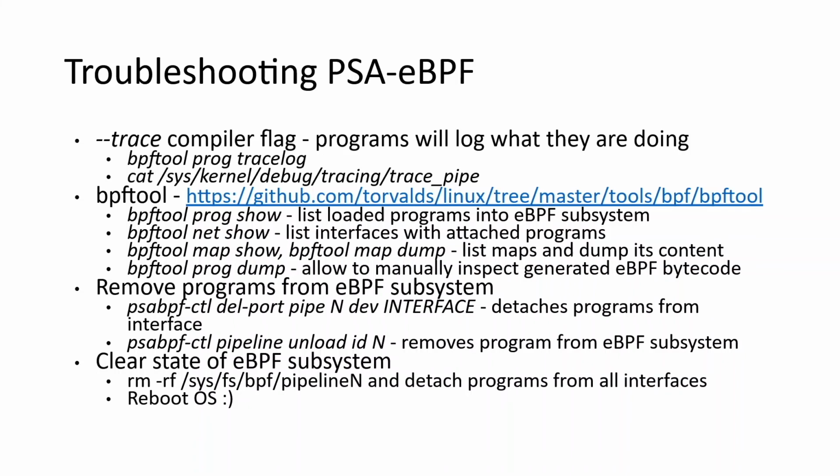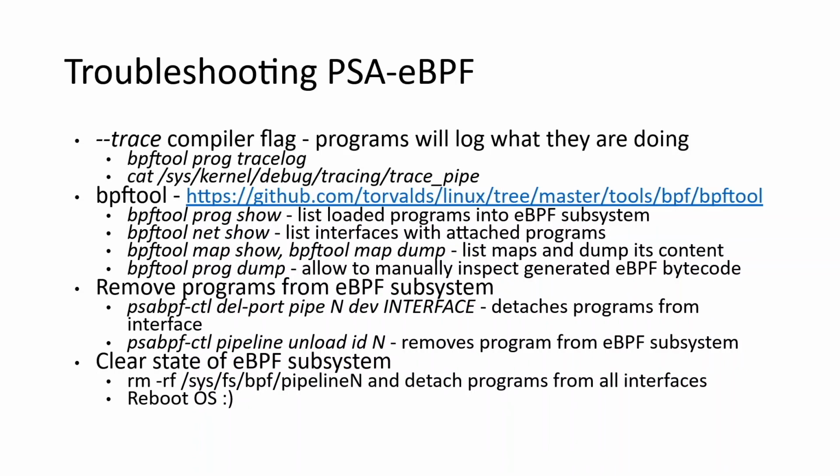It is part of the Linux source code. It allows you to list loaded eBPF programs, show interfaces with attached eBPF programs, and show maps and inspect their values, even modify them. Sometimes it is useful to analyze eBPF bytecode to understand the exact behavior of the program.